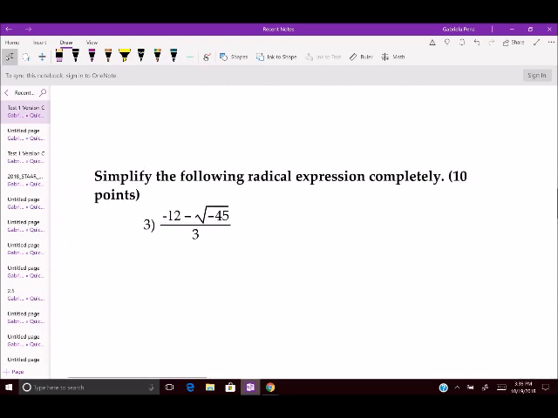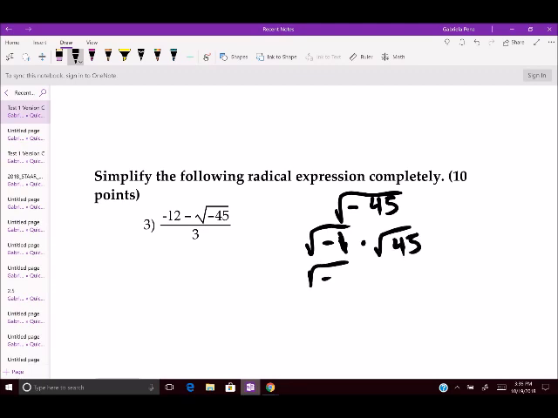Now the next problem, factor the radical completely. So we have 45, but it is negative. So we need to keep in mind that this is the square root of a negative 1 times the square root of 45. But that 45 should be broken down into something that we could take the square root of, which is 9 times the square root of 5.